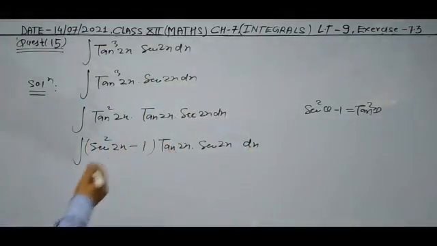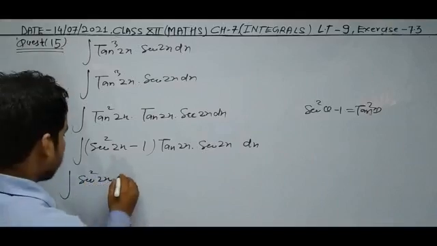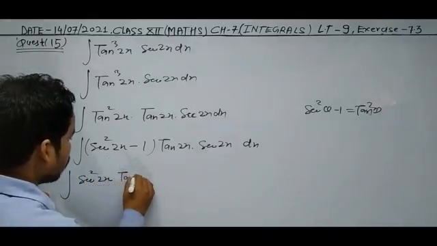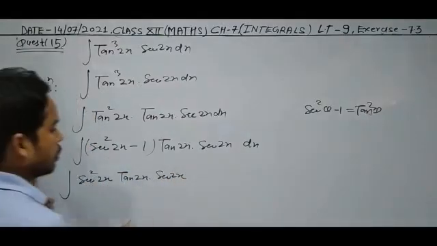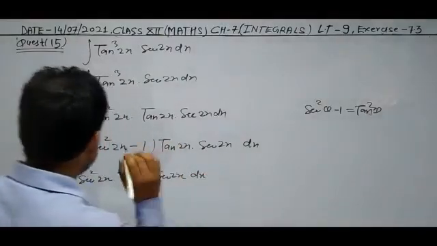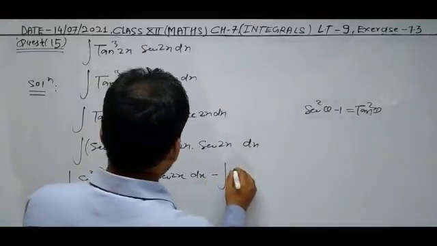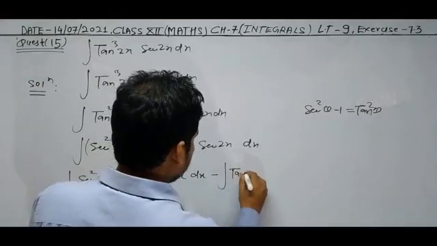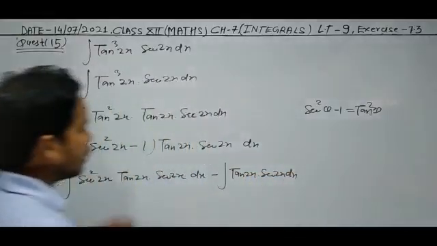Now expand the bracket, so the result will be the integral of sec square 2x tan 2x sec 2x dx, minus the integral of tan 2x sec 2x dx.